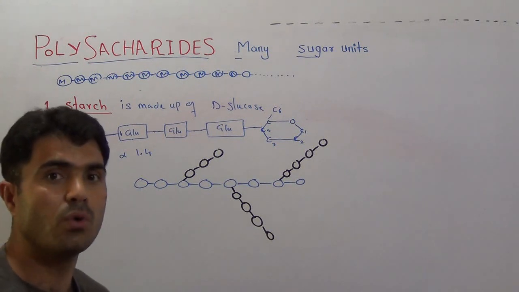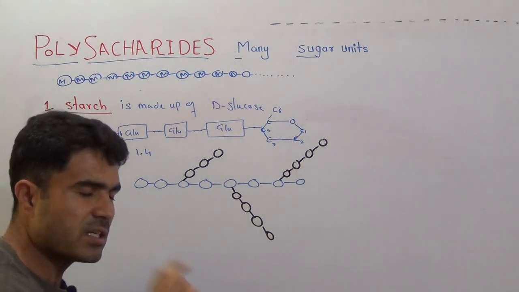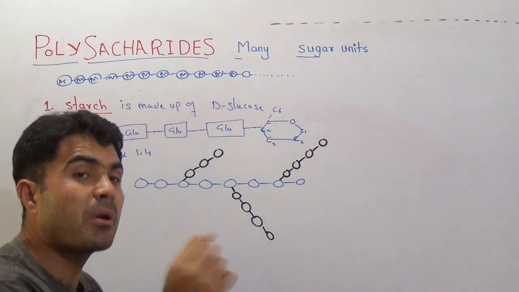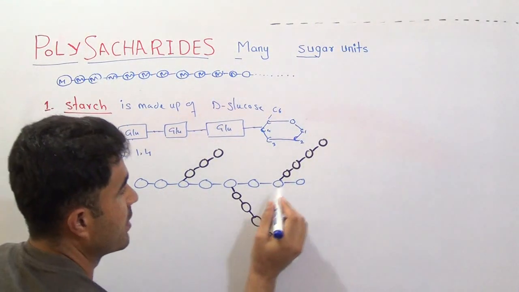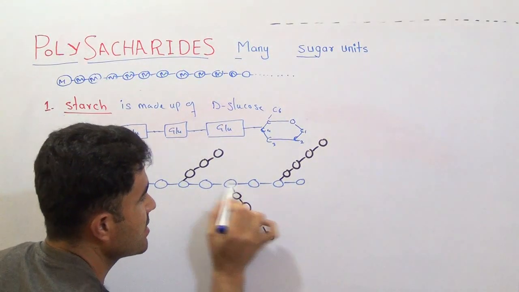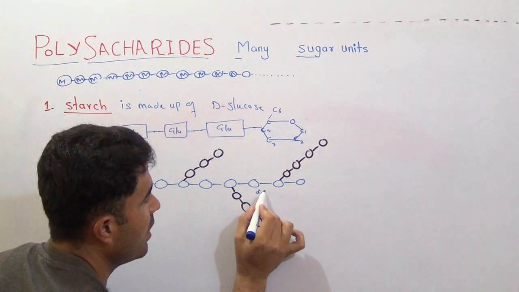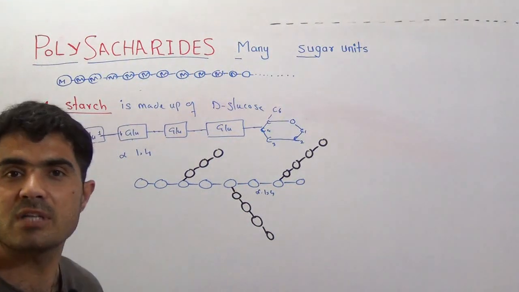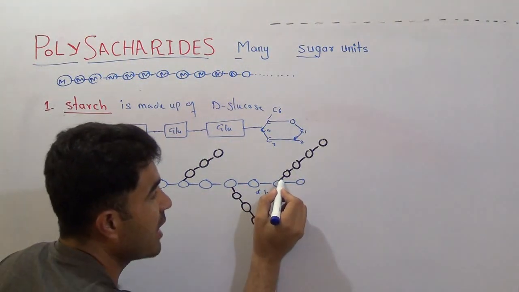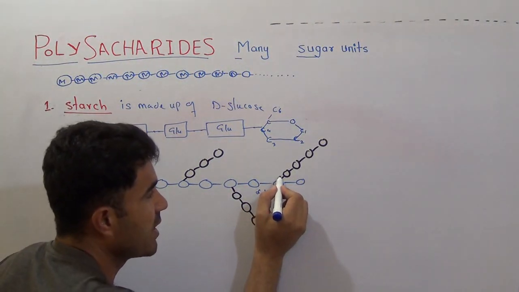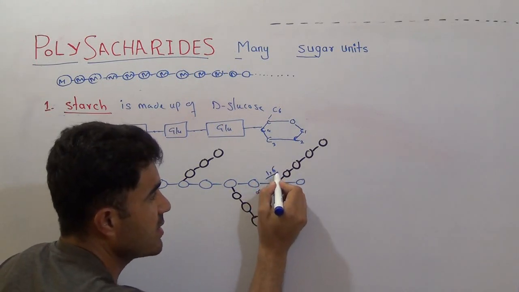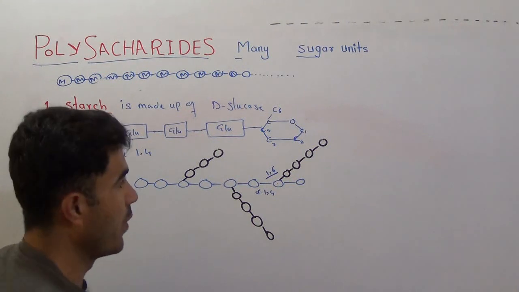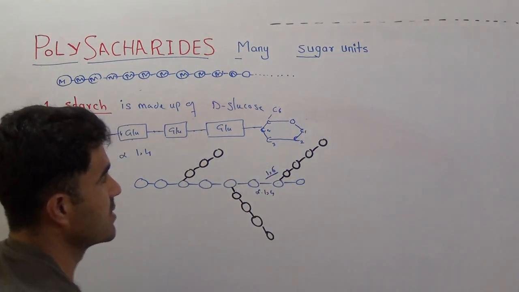Now we should know the number of the bond at these branches. Just like here, the main bond was alpha 1,4, and at the branching point the bond is alpha 1,6. That is the main point that we should know. How is it 1,6?